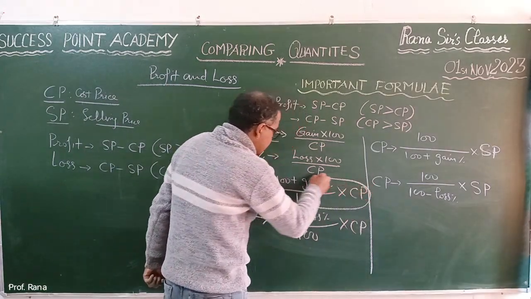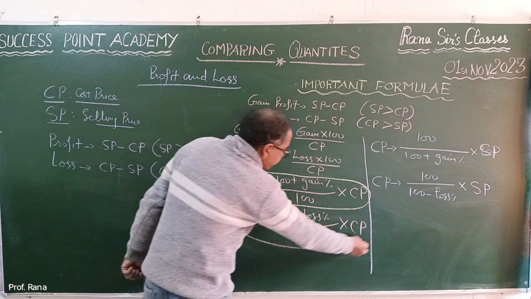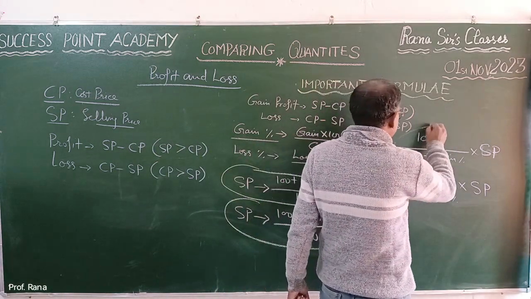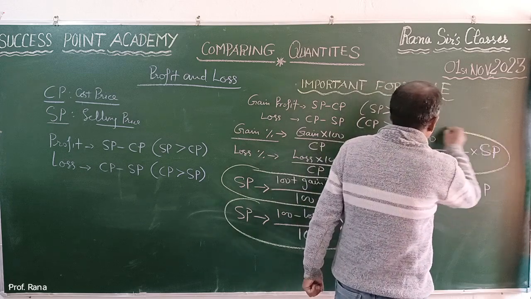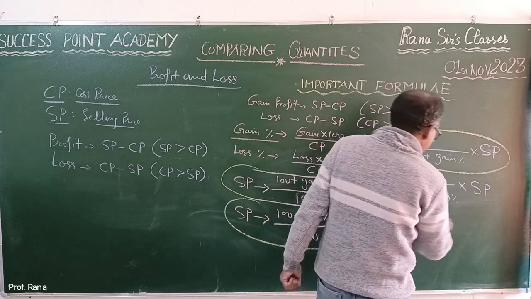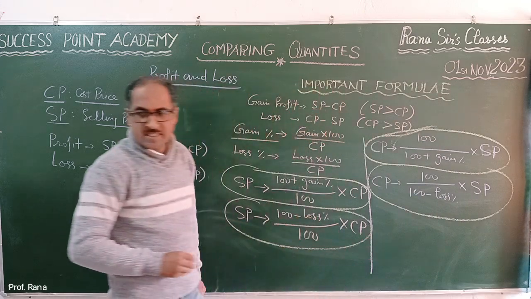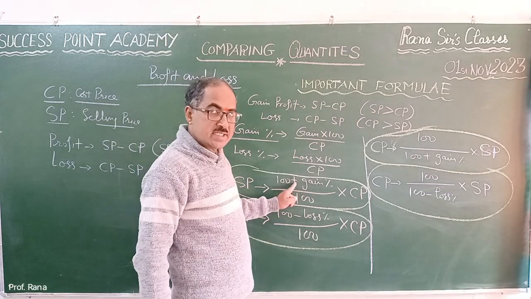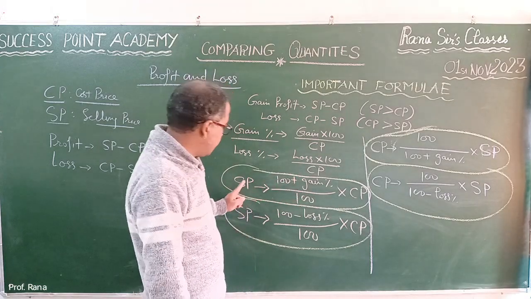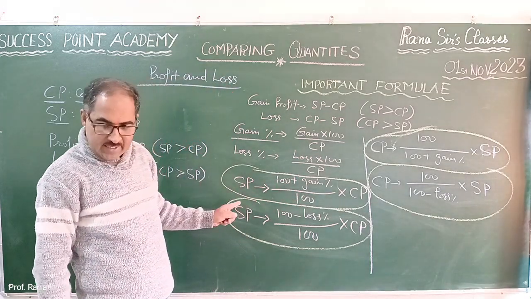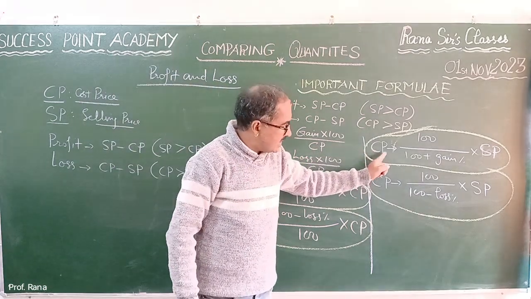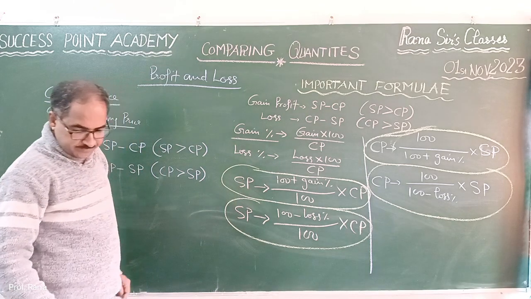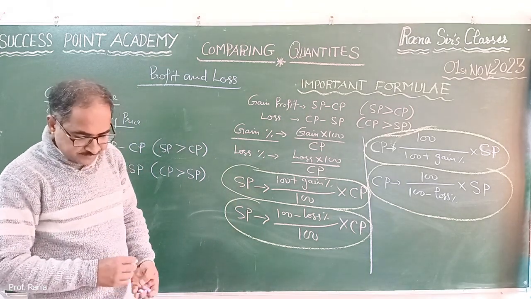These formulas are reciprocal to one another. You can note them. Here 100 plus gain percentage is written as a numerator in finding the selling price. But in finding the cost price, it will be a denominator. Okay, note it down.